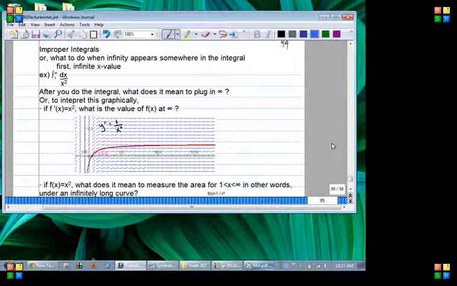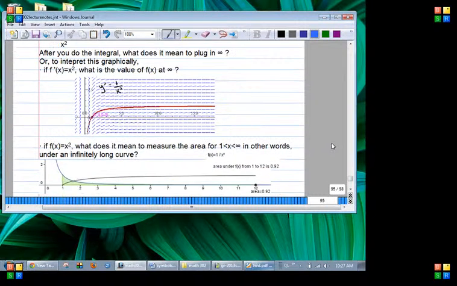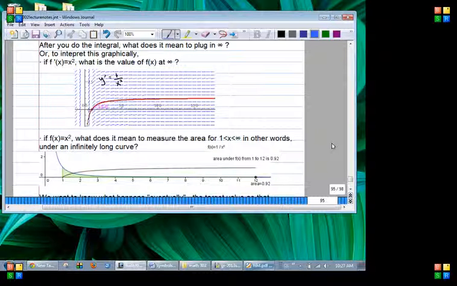So the other way to interpret integrals is to say you have a function and the integral is finding the area. Okay, well what does it mean to take the area under an infinitely long curve? So here's that picture.